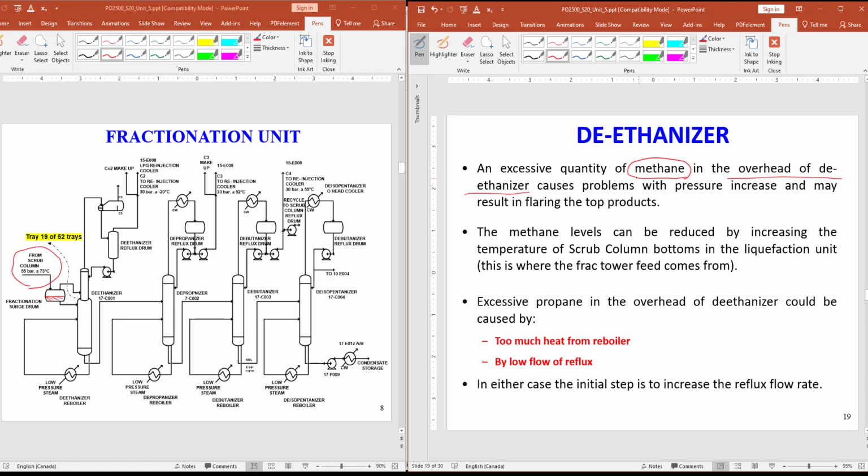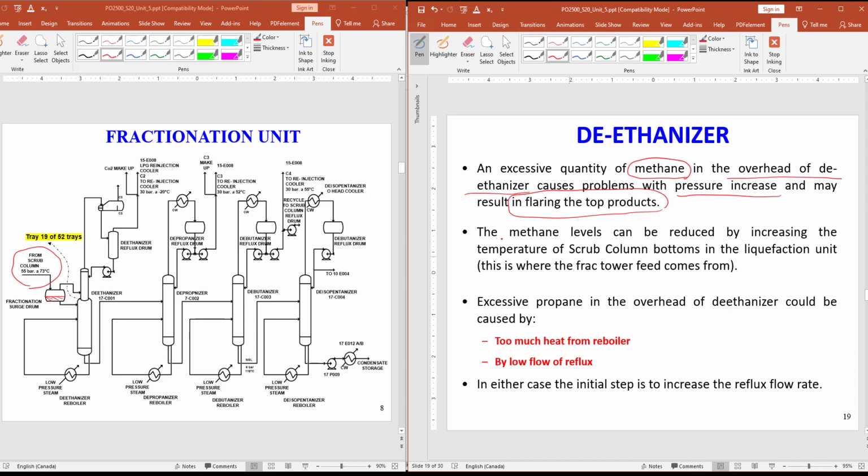Because it's a lighter product, it can increase the pressure at the top, and it can cause flaring. It can result in flaring the top products, because if we have a lot of methane, we have no other choice than just flaring it.